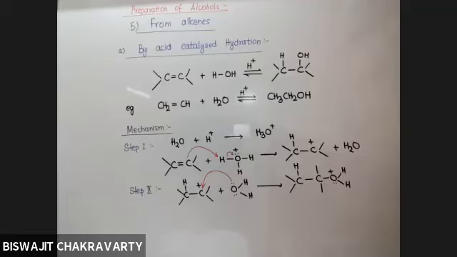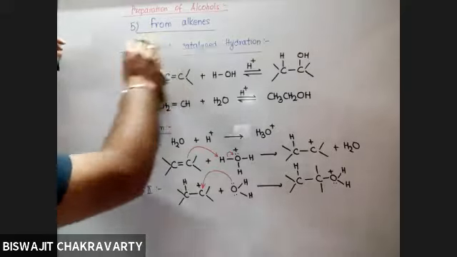So when oxygen becomes positively charged, it is again unstable. So to make it stabilized, what it is supposed to do, we'll go to step 3 to understand the next step.